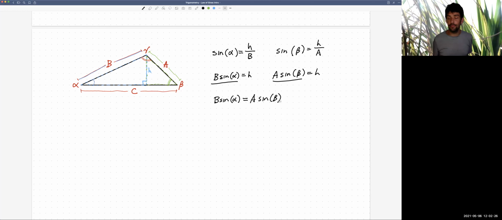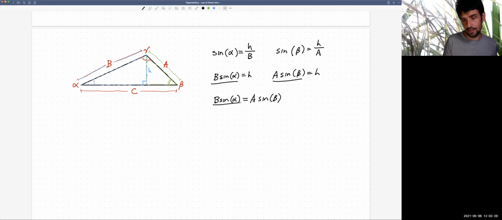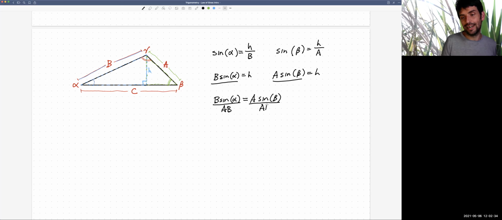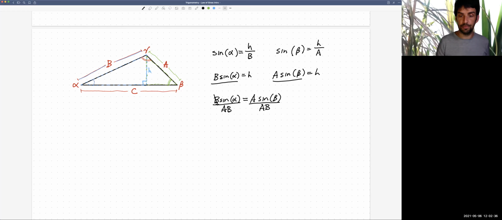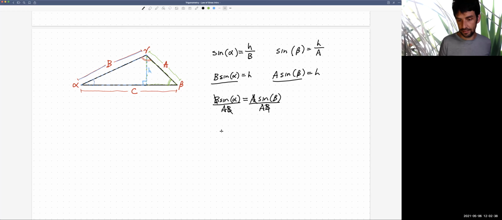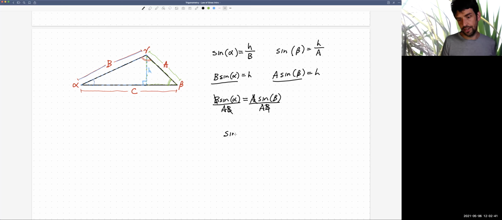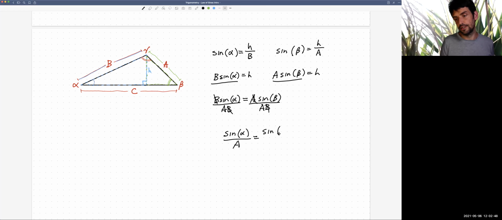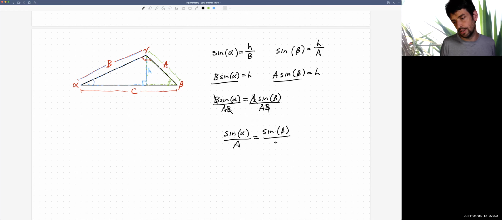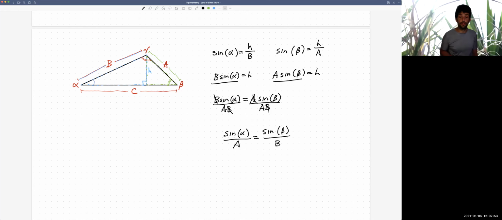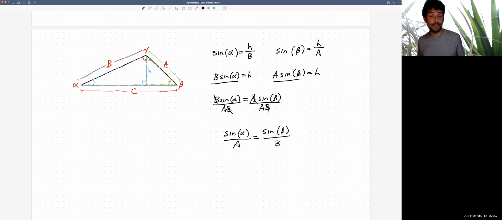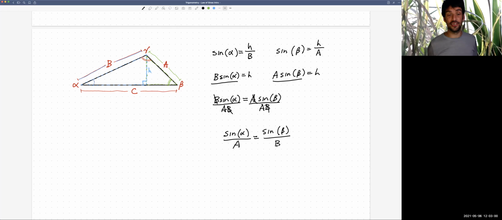Well, let's divide both sides by AB. These are non-zero numbers because of the lengths. We notice the B cancels on this side, the A cancels on this side, and we get sine of alpha over A is equal to the sine of beta over B, right? So the ratio of the sine of an angle and the side opposite that angle in these two cases are the same.